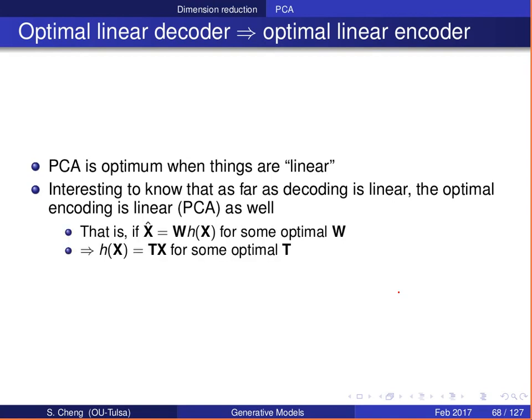So say X is the original input, and there's a reduced X, a compression or dimension reduction of X, and then I have a linear projection trying to recreate the original X, giving X hat. Then the optimum matrix is still PCA. It will still be linear.